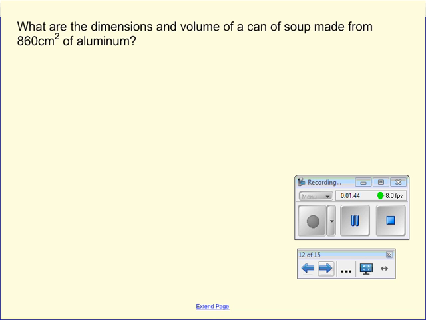So the maximum amount of soup I can put in this can when I'm done with it. So I know that SA, my surface area, is equal to 6 pi r squared. So I'm really looking for r in this case. It's the only real measurement of note.